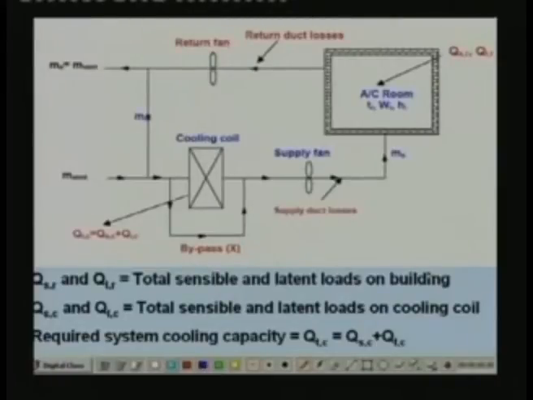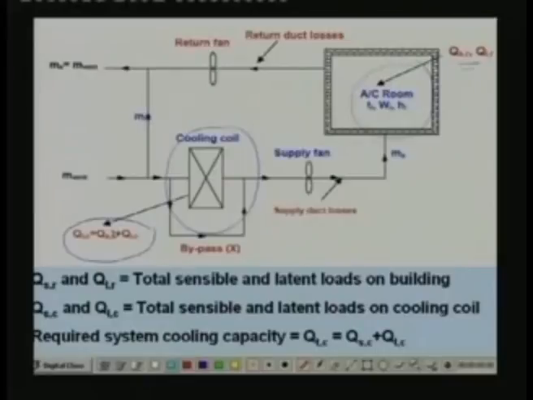Again, this is the picture we have discussed earlier. You can see that this is the building, and this building is subjected to some amount of sensible heat load and some amount of latent heat load, and I am interested in finding out what is the required capacity of the cooling system. That means what is the amount of heat that has to be rejected in the cooling coil, that means this. What is this?